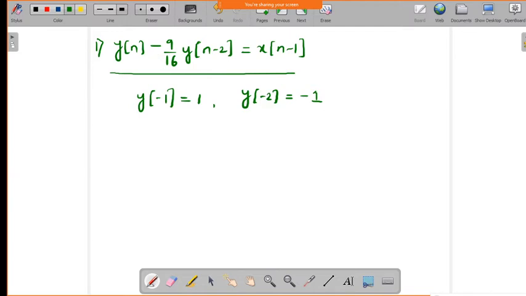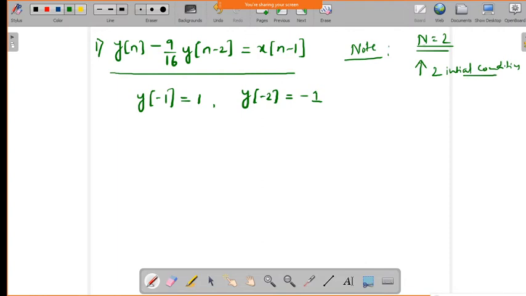Now note this point: if the order of the difference equation is n equal to 2, then we need a minimum of 2 initial conditions.